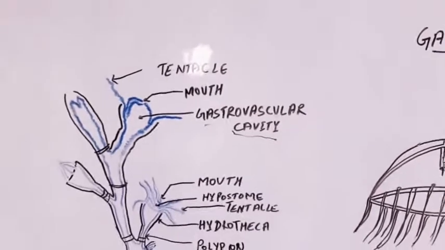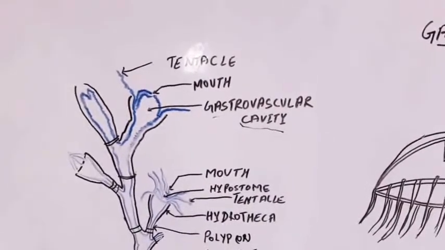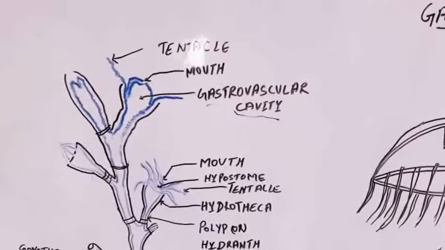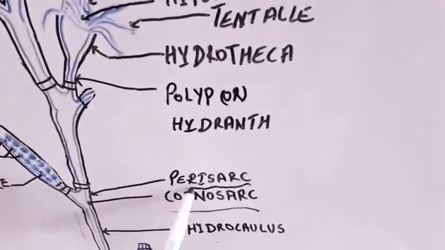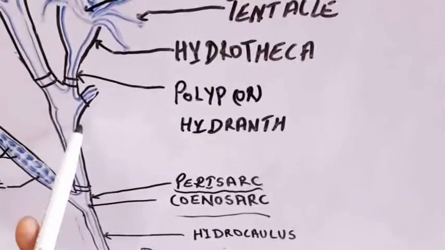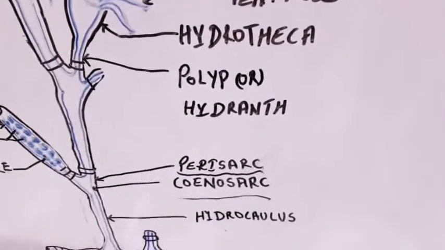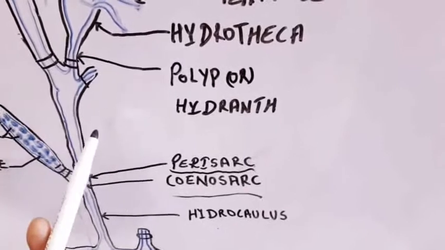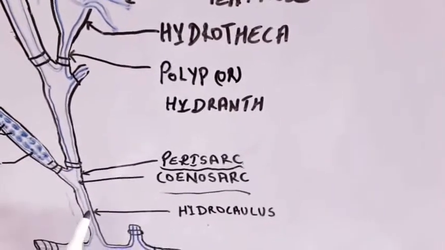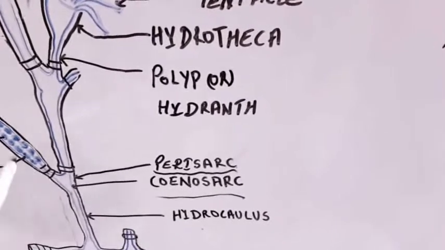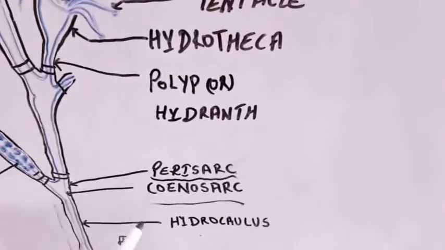The Obelia is covered by a yellowish chitinous layer that is called the perisarc. The outermost part of the Obelia, that yellowish chitinous layer called the perisarc, covers the complete Obelia colony.